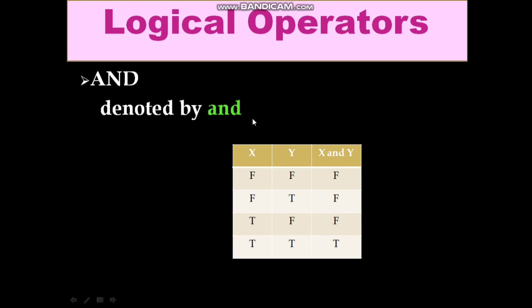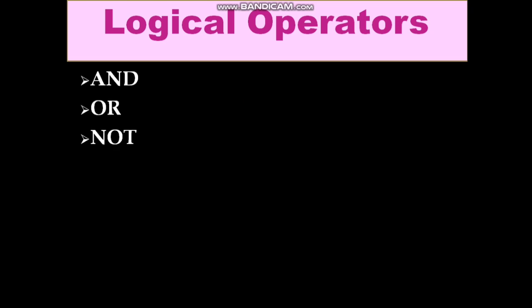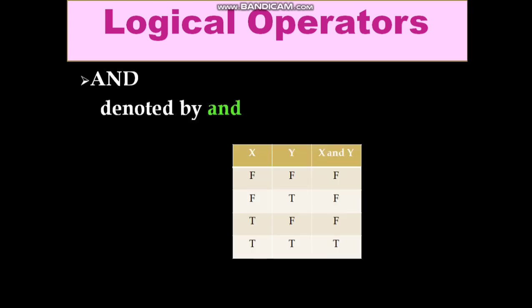The logical AND operator is denoted by small and, and here you have the truth table for the logical AND operator. As you can see in this table, this logical AND operator returns true when all the relational expressions involved evaluate to true, which means when you give all the input values as true, this operator returns true as the result.